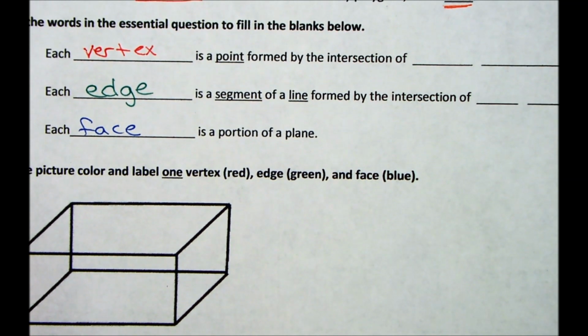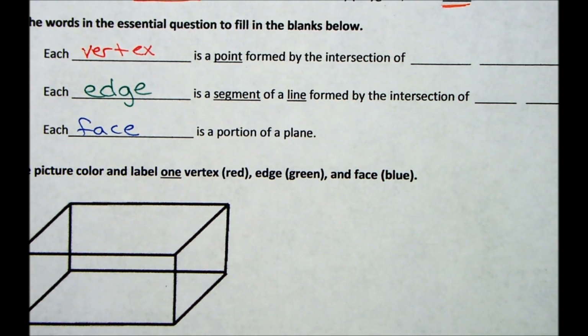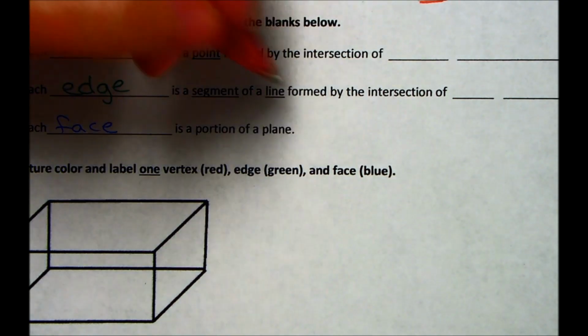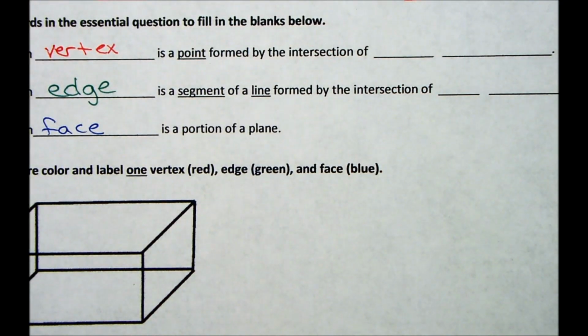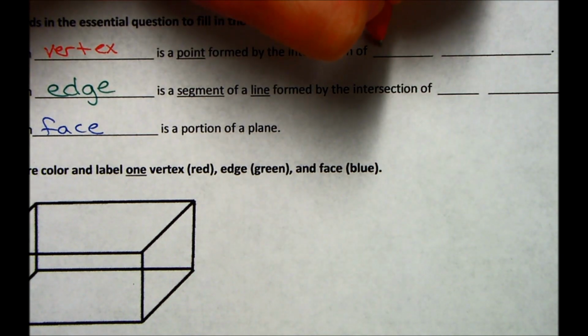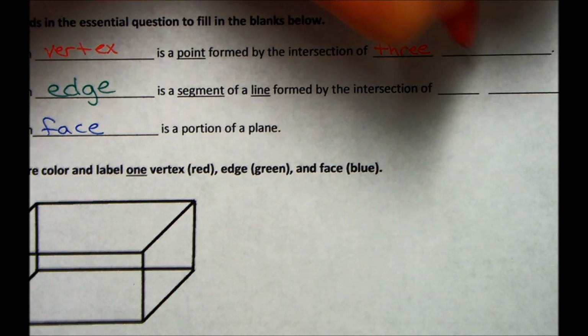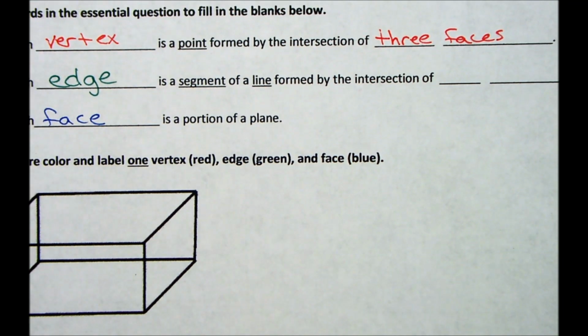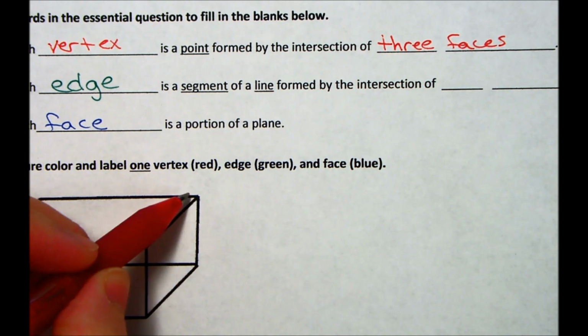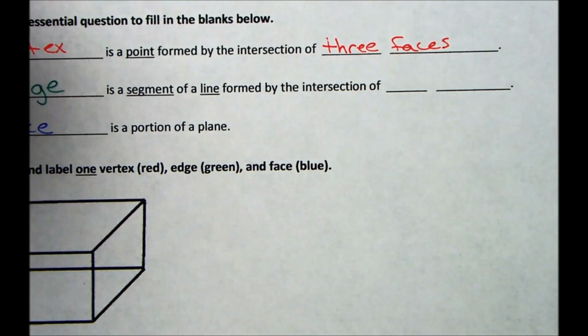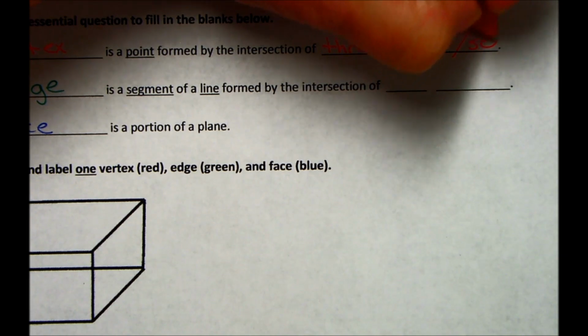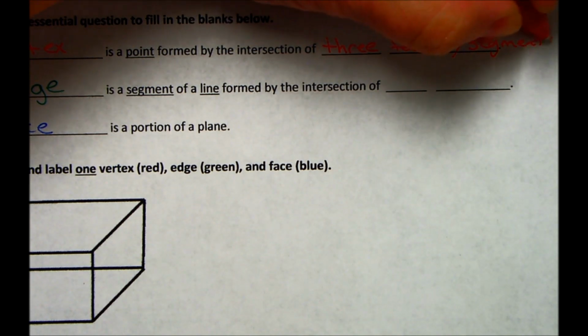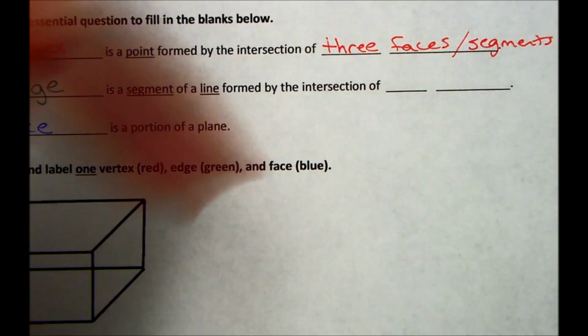So rather than saying it's the intersection of three planes, we would say it's the intersection of three faces. You could also look at it as the intersection of three segments or lines. Maybe put or there.